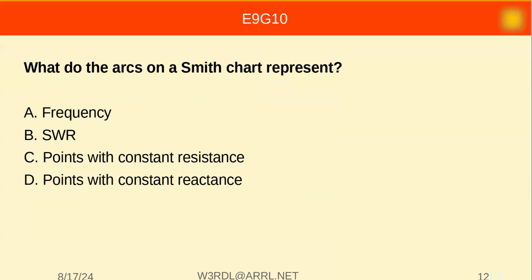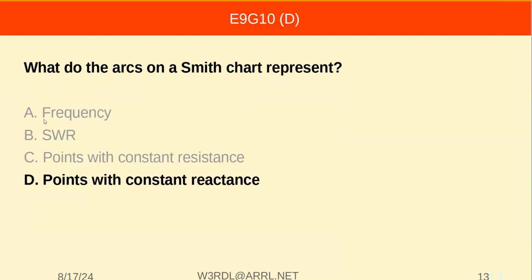So what do the arcs on a Smith chart represent? Delta.